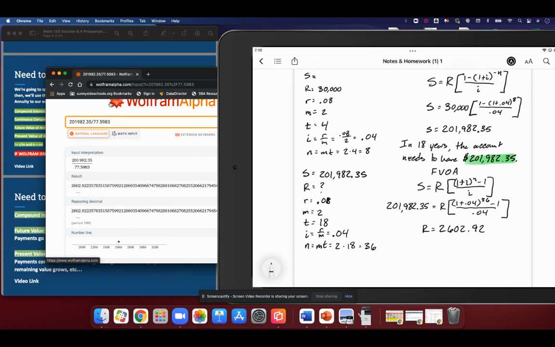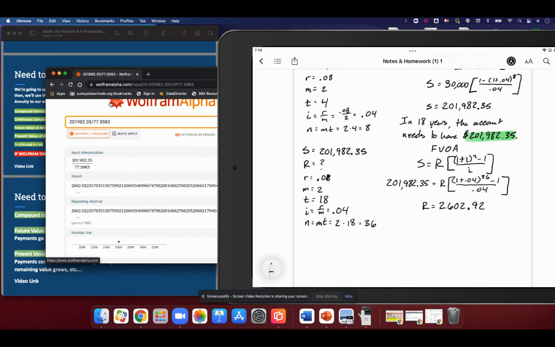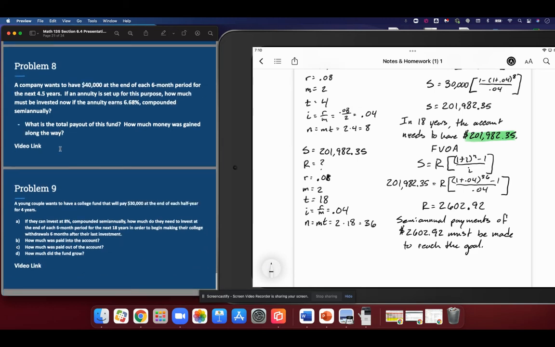Yep. Okay, so monthly payments, or sorry, semi-annual payments of 2602.92 must be made to reach the goal. So somewhere in the neighborhood of $5,200 per year in order to reach their goal.